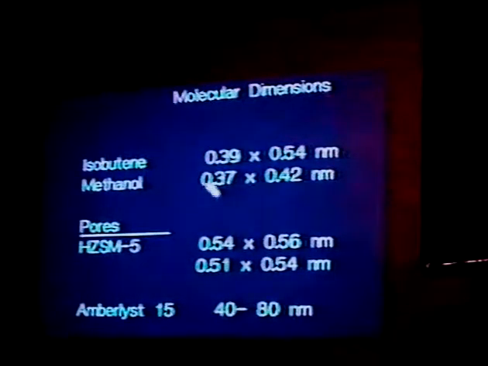And both of these feedstocks are just slightly smaller than the straight pores and the zigzag pores of the zeolite catalyst. The commercial catalyst, typified by the Amberlyst 15, is about 2 orders of magnitude larger in pore size than the zeolite.